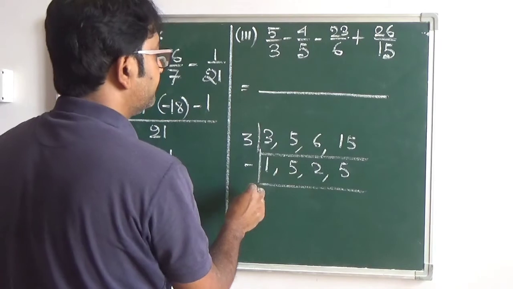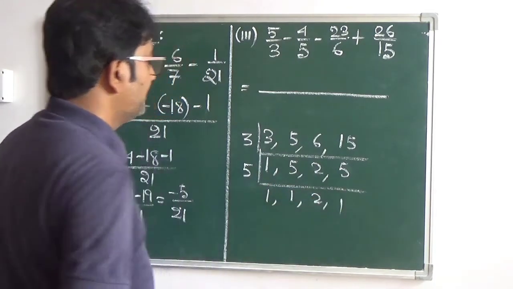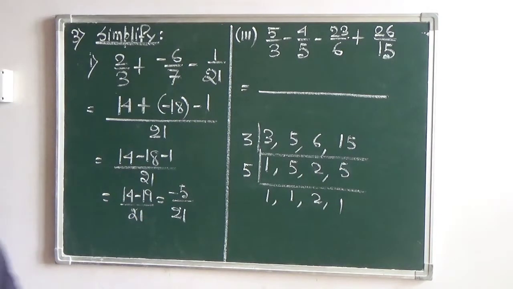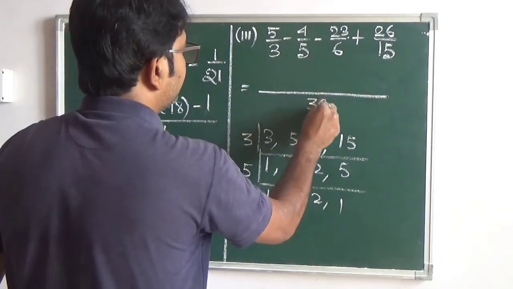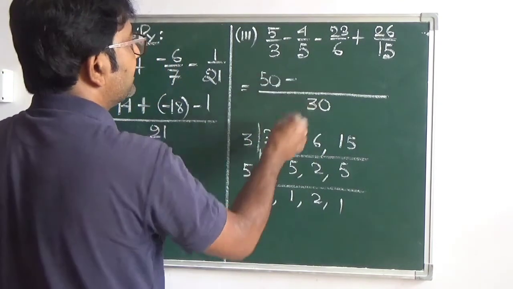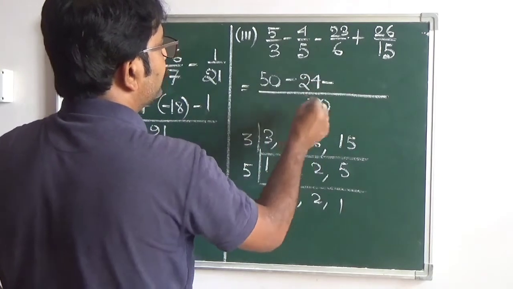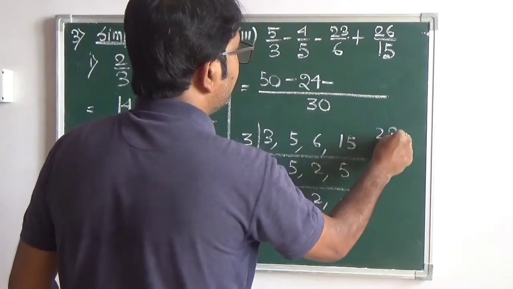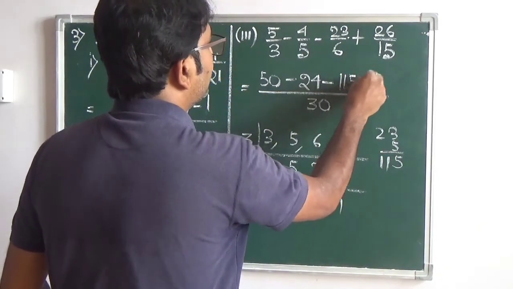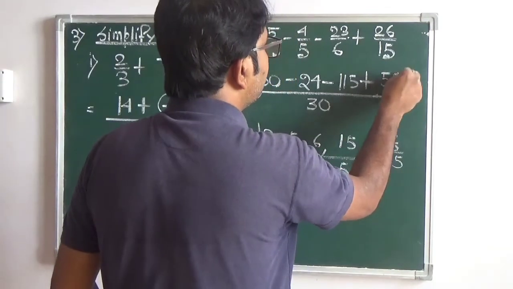So it is 5, 1, 2, 1. 15 into 2, 30 will be the LCM of these 4 rational numbers. So 10 into 5 is 50 minus 6 into 4 is 24, minus 23 into 5, 115, plus 26 into 2 is 52.